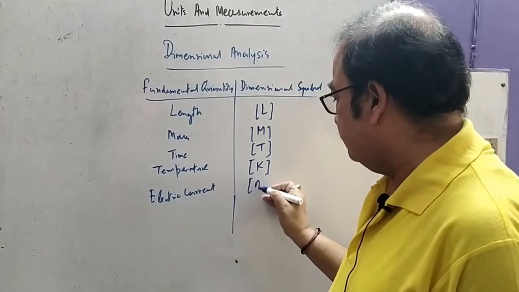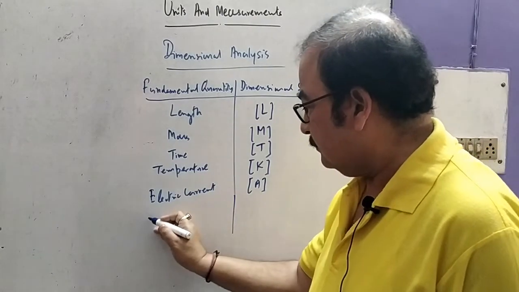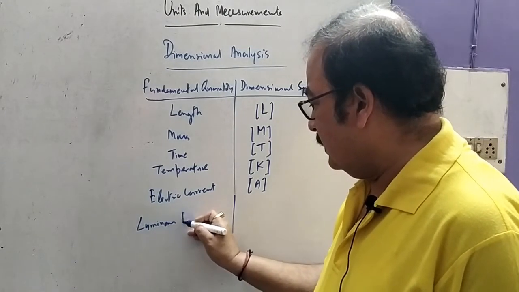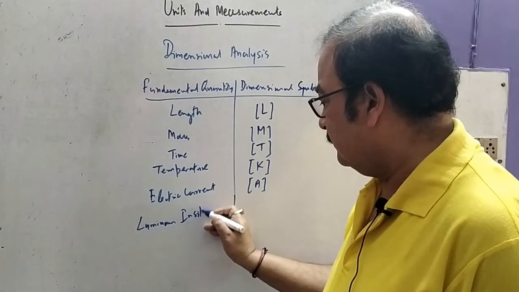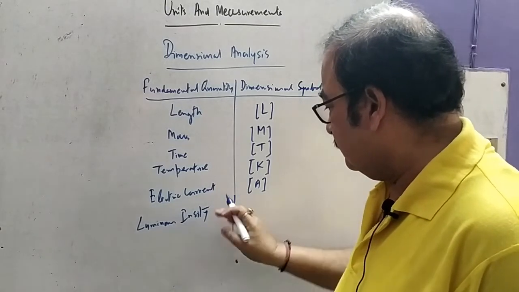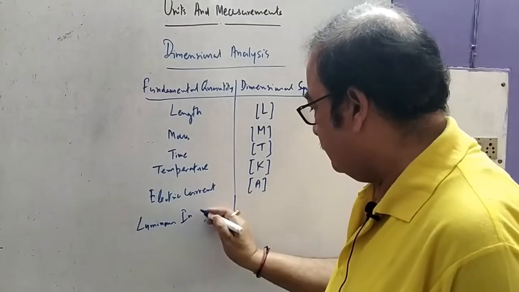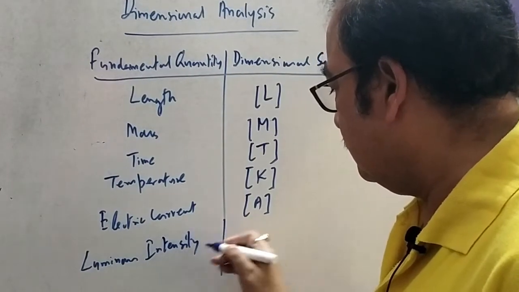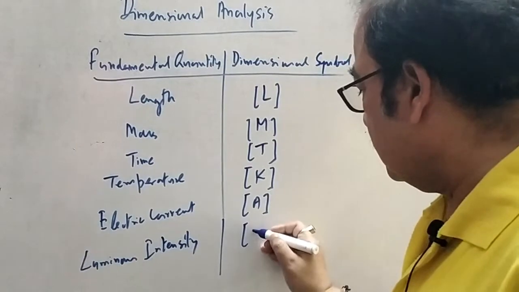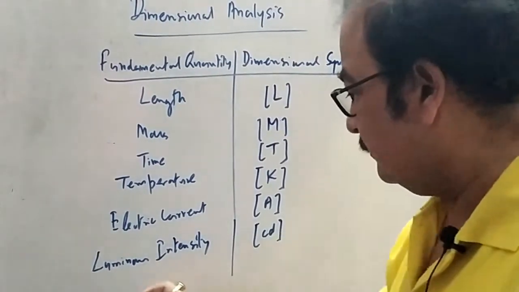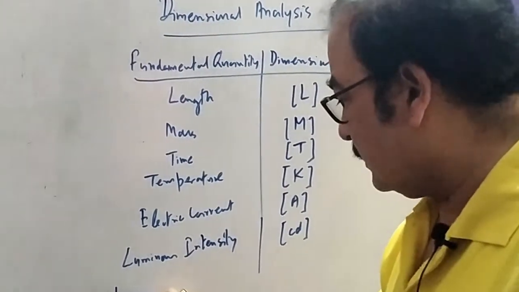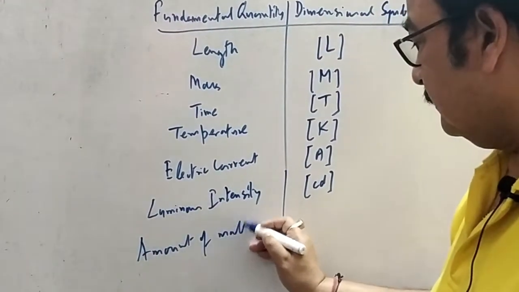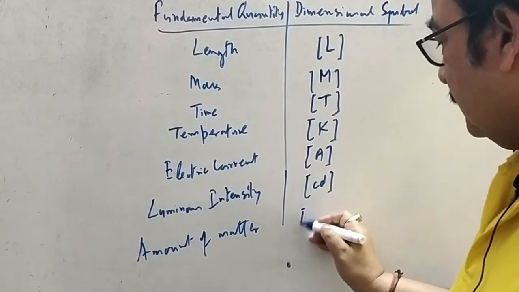It is written as A. Luminous intensity is written as candela, cd. Then amount of substance, which we write as mole.